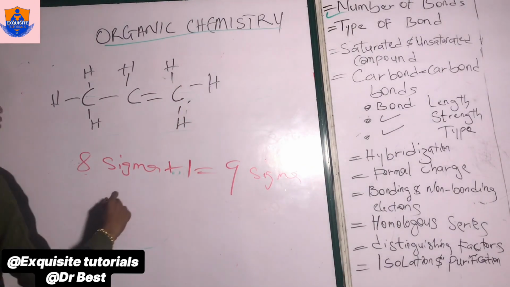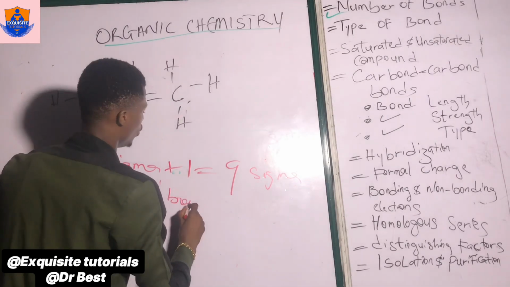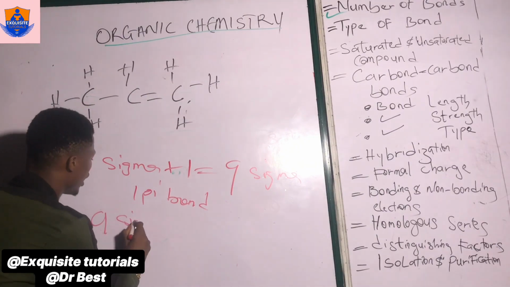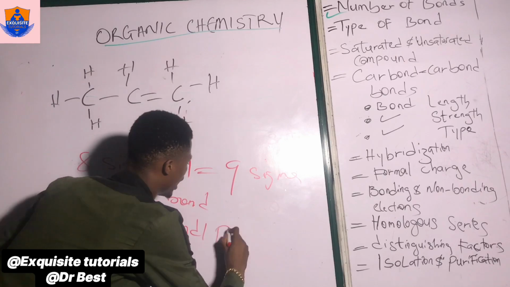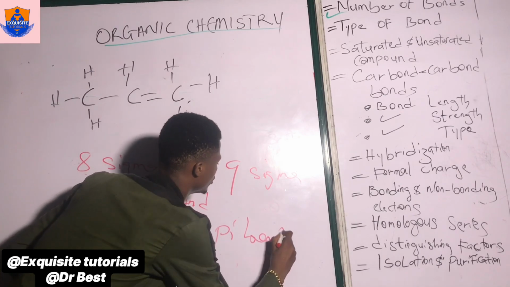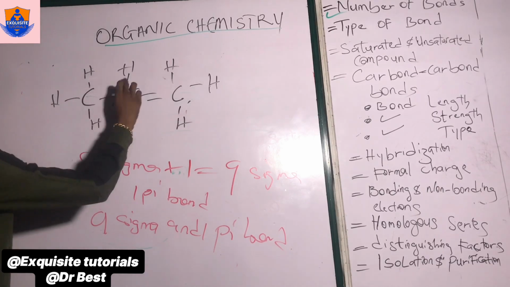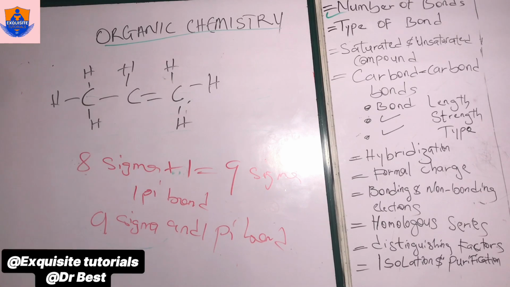And there is a double bond, 1 pi bond, which means this compound contains 9 sigma and 1 pi bond. Get it?